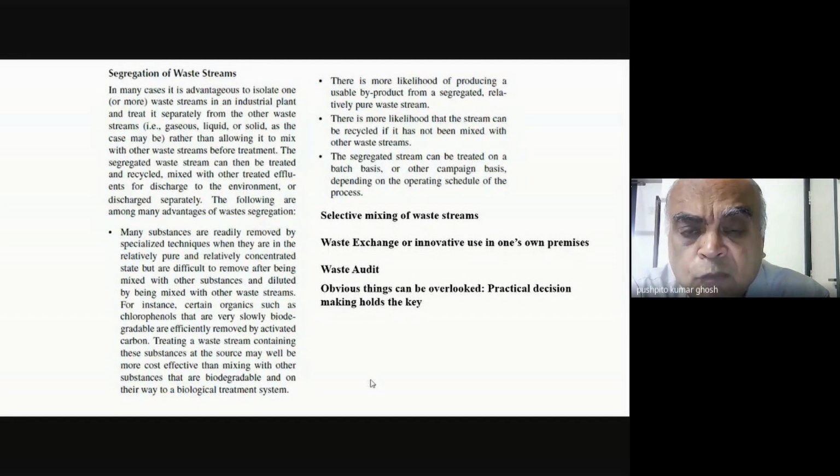So what ideally would be best is if you can do some kind of segregation of the waste streams and do a selective mixing, so that things which are similar you put together, rather than everything together. Sometimes if you segregate, it's also easy to, say, a small amount of some pesticide is going into my effluent.